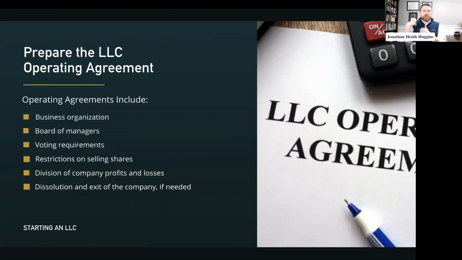Who's going to be the CEO? Who is going to be responsible for this, that, and the other? You want to have your agreements in place. Some of those may require a board, some may not, and you'll need to name those. Then also, there may be voting rights.